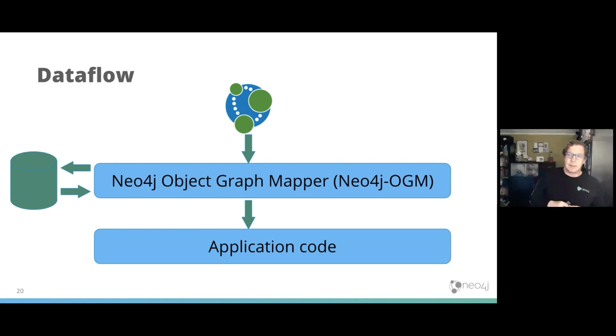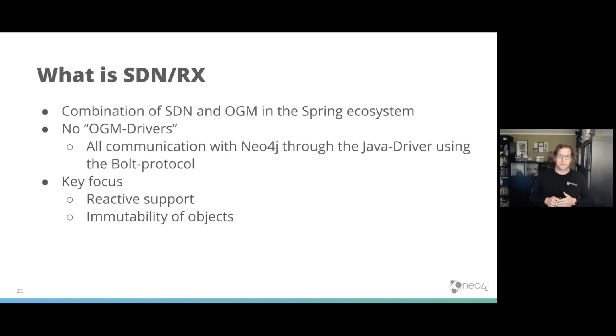And when we spoke about this and discussed it in the team, that was something of a pain point for us that we could not just resolve. So we were thinking about creating something like an SDN Lite, that does not do all this heavy lifting and caching. But we got the chance to create Spring Data Neo4j.